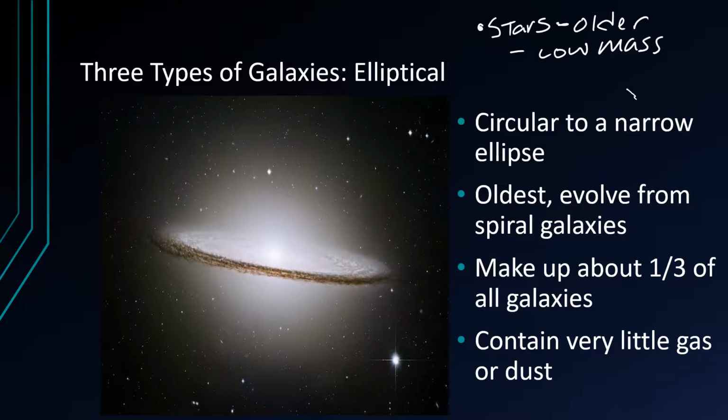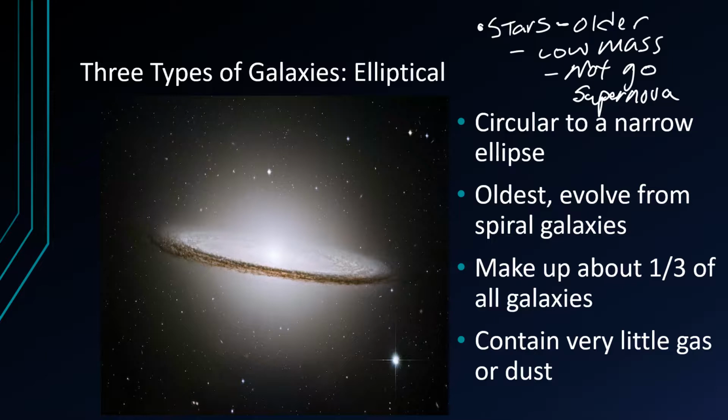So the question becomes, what is the importance of this lower mass? When it comes to lower mass stars, and we'll have a video on stars, lower mass stars tend to not go supernova. And supernovas are how gases and heavier elements are spread out through the universe.